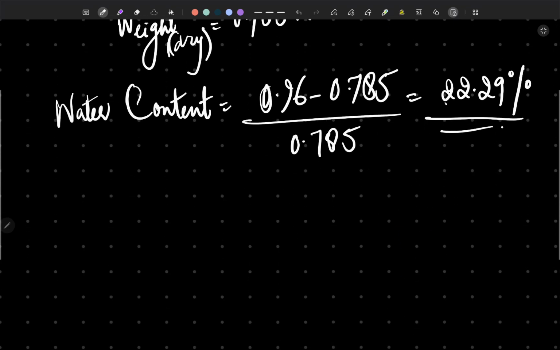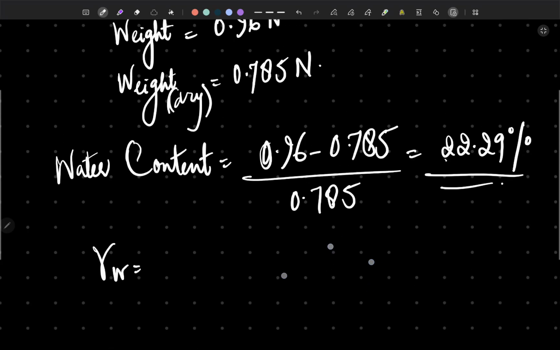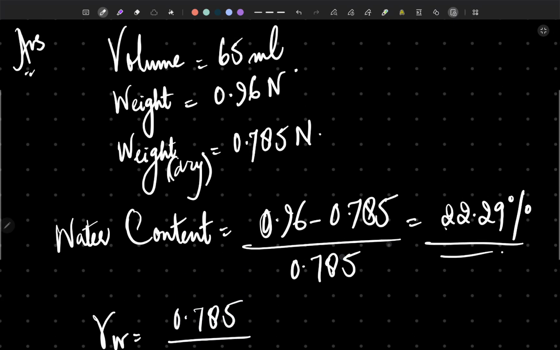Then I'll be using the dry unit weight. That is how much? Weight in the dried condition, 0.785 divided by volume.